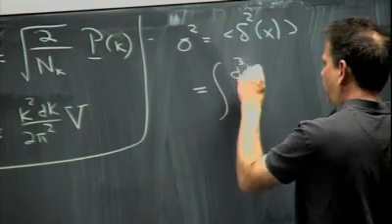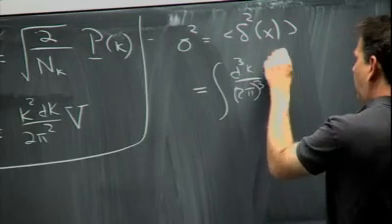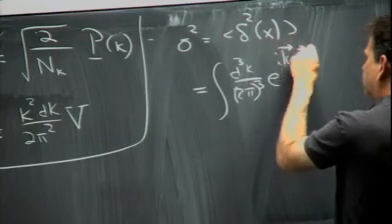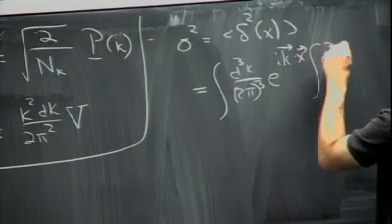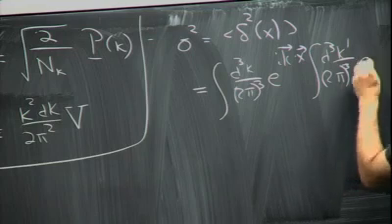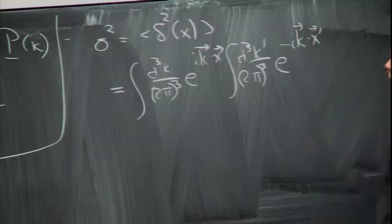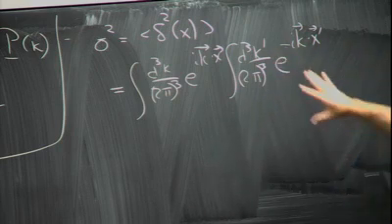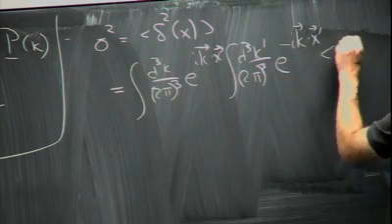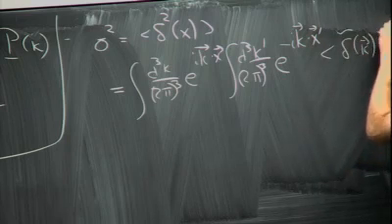This is d3k over 2 pi cubed times e to the i k dot x, and then d3k prime over 2 pi cubed times, we take the complex conjugate, e to the minus i k prime dot x. Delta in real space is real, so the complex conjugate is the same thing as the thing itself. And then we're taking delta twiddle of k times delta twiddle star of k prime.